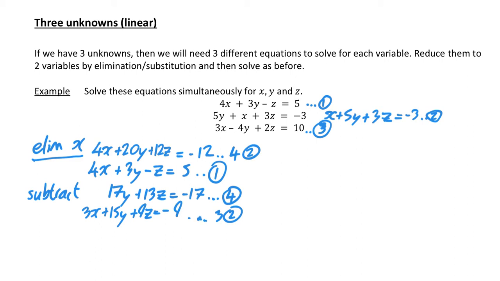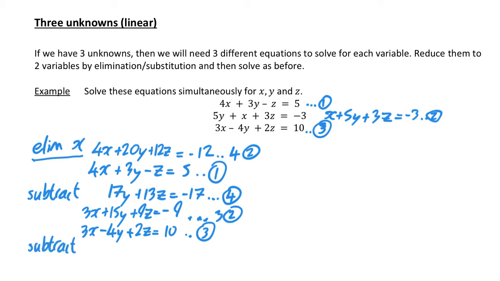That was 3 times my equation 2. Then we'll write down our equation 3, which was 3x minus 4y plus 2z is equal to 10. Again, they're both positive, so I can subtract to get my equation 5.